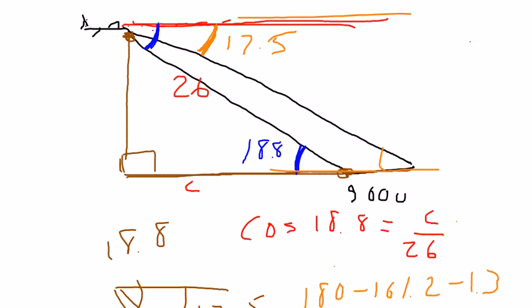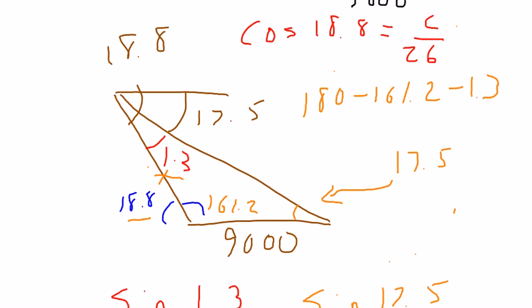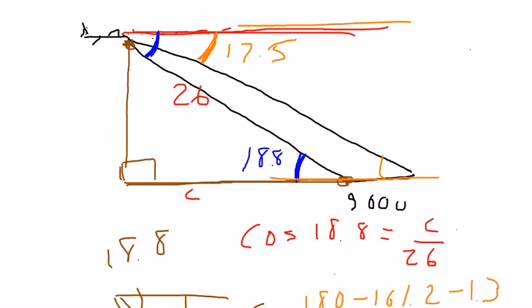Okay, so I'm going to take 26 times cosine of 18.8, and I get 21.4. Okay, 21.4 is what C equals down here. And lastly, find the altitude.